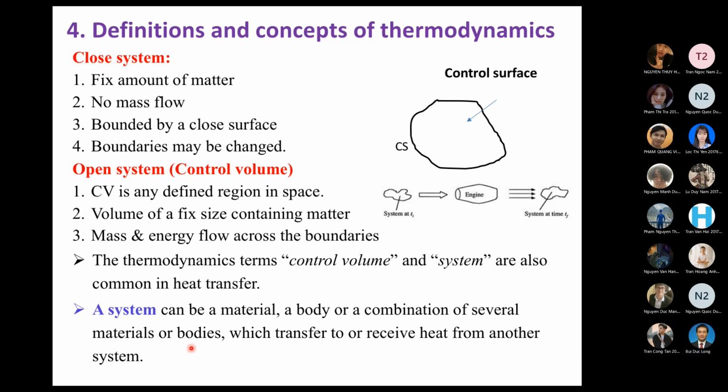Or we have several materials. For example, we have one metal layer, and second we have an insulator layer. For example, for the pipe, we have an insulator bound around the metal pipe to prevent the heat loss from the pipe.